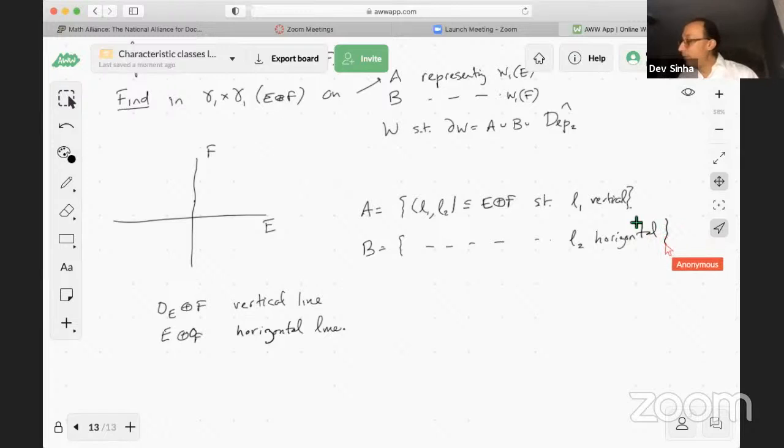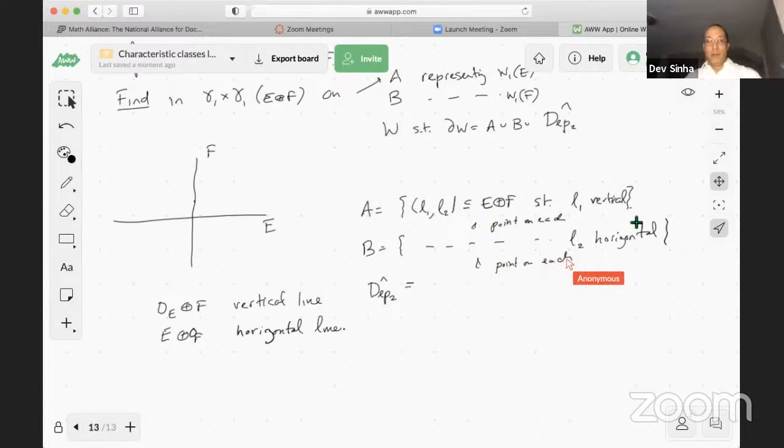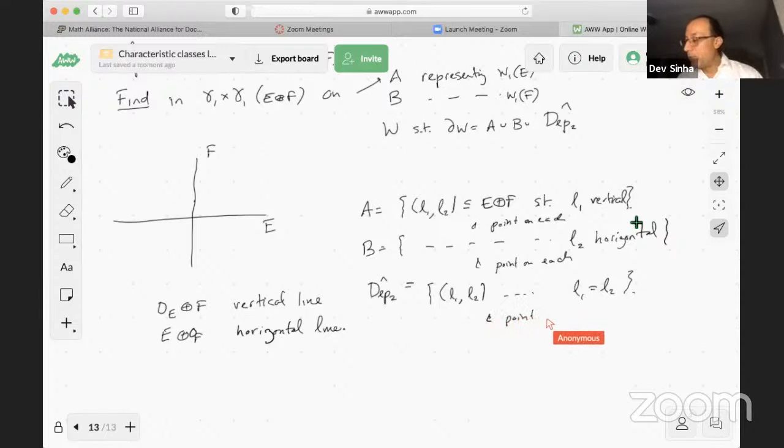And by the way, in this language, dep2 hat is going to be L1 and a point on each. They're equal, so it's a line, and a point on each. But a point on each, in this case, means 2 points on the same line.